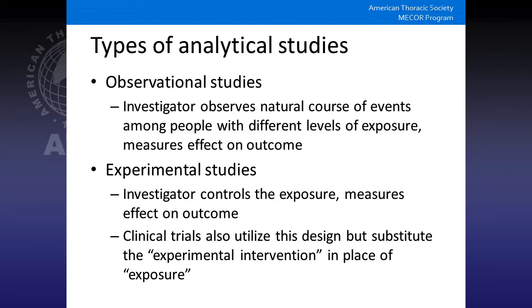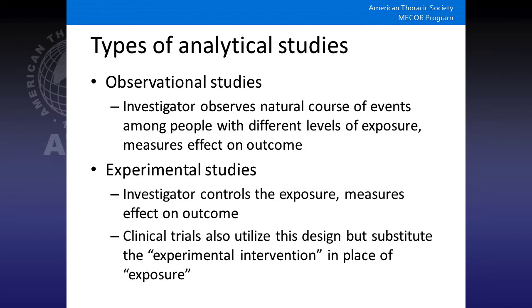And if the exposure, for example, is to a given medication, medication A versus medication B, we will then, through this randomized assignment, be able to have some confidence that the two groups are comparable with other factors that might affect our outcome. So again, the experimental study is a true experiment. We decide whether a given individual gets exposure A or exposure B, and then we follow them through.